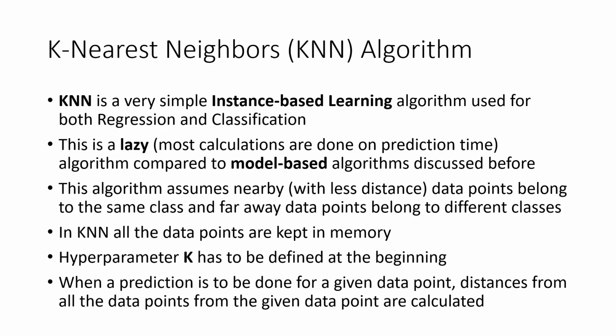We first take a distance measuring algorithm, a specific case of the Minkowski distance, like the Euclidean distance, and then we assume that the lesser the Euclidean distance between 2 points, these 2 points belong to the same cluster, and if the distance is high, we assume that these 2 points may belong to different clusters, right? So this is the main assumption of k nearest neighbor.